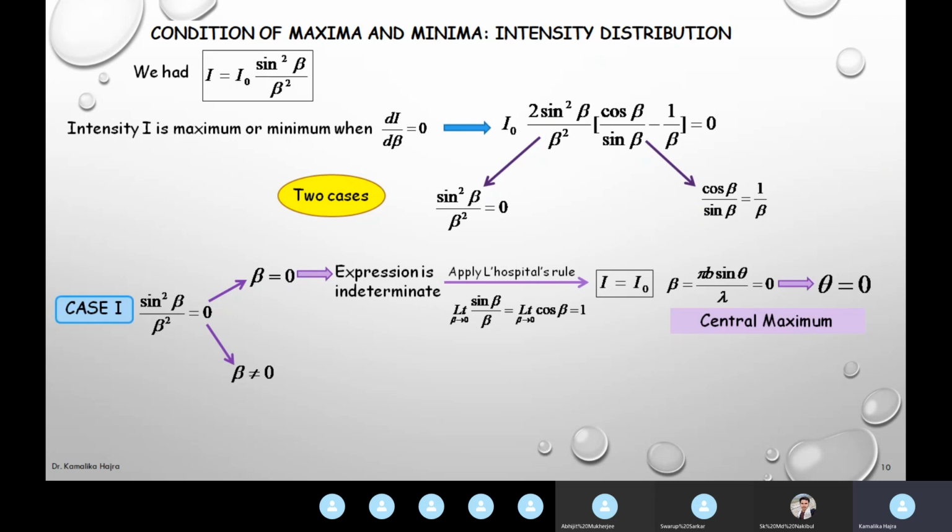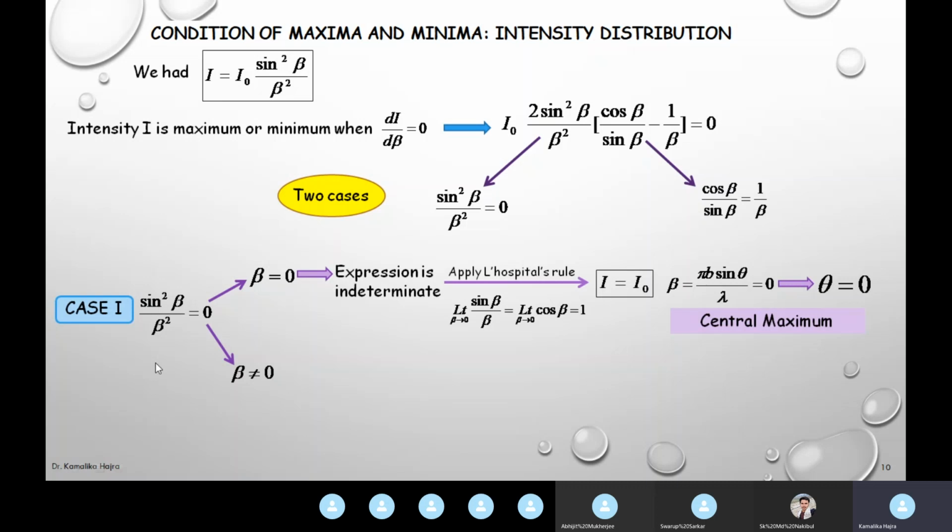So at theta equal to 0, all the rays that are not diffracted are in phase and they produce the same intensity as the incident light, and this results in the formation of the central maximum. So we get one position on the screen at theta equal to 0 where we get the central maximum. Clear?